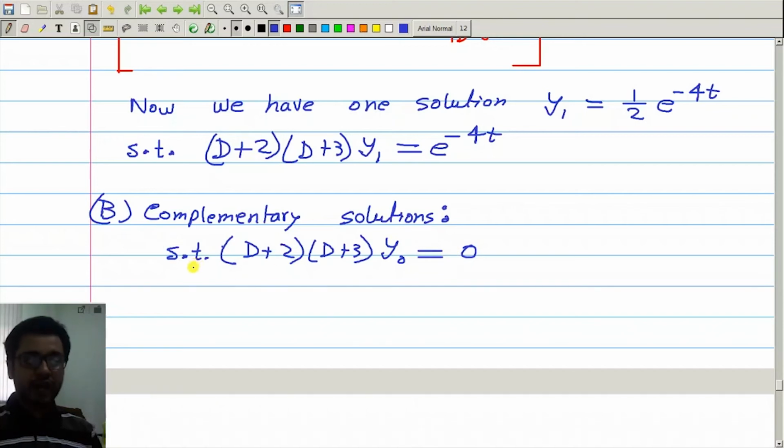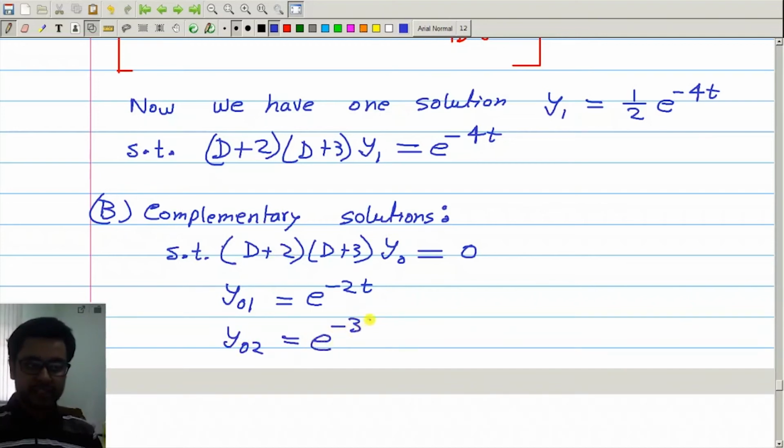Now in our first class on differential equations, we have learned that such an operator will have two solutions of this form: y01 equal to e to the power minus 2t, minus 2 because here we have d minus minus 2, and y02 equal to e to the power minus 3t.